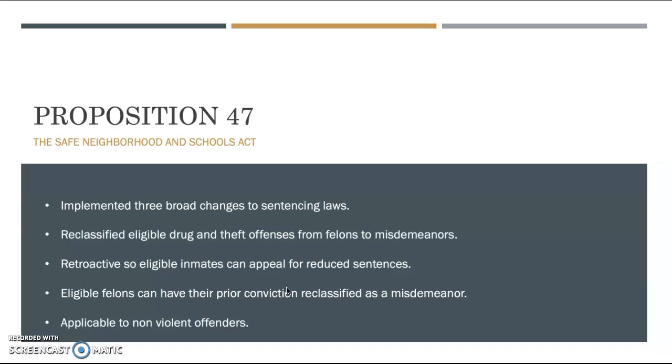It also was retroactive, so eligible inmates can appeal to reduce their sentences even if they've already been sentenced. And thirdly, it gave felons the eligibility to have prior convictions reclassified as misdemeanors.